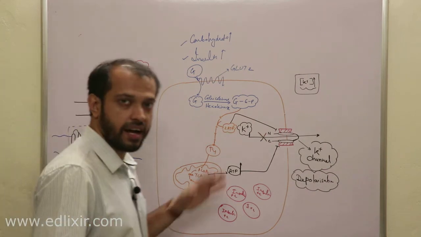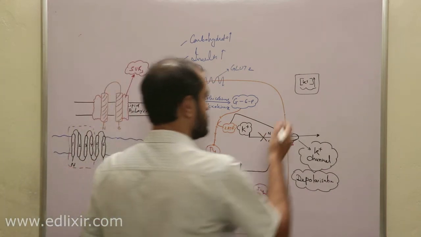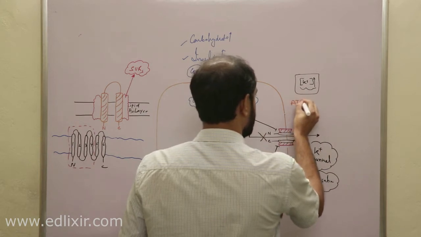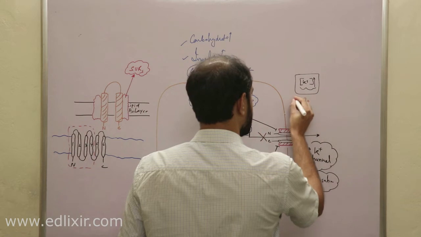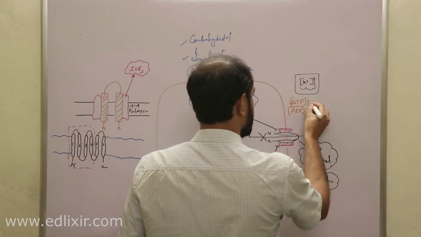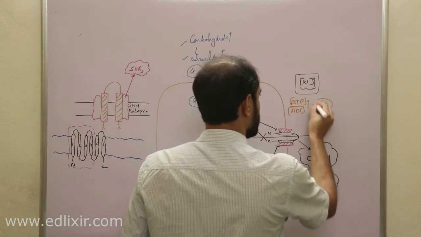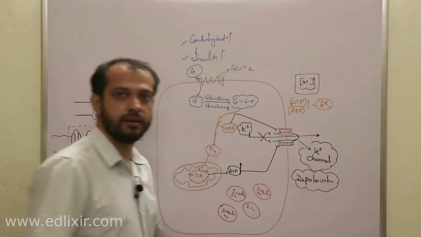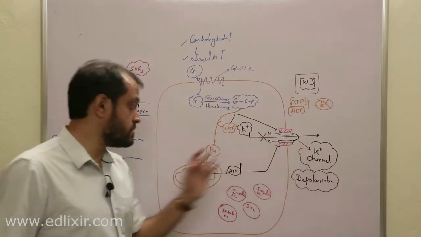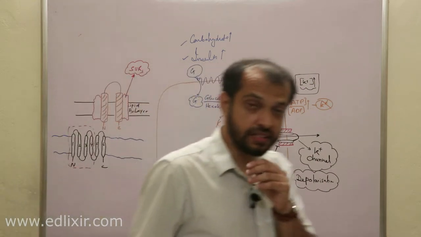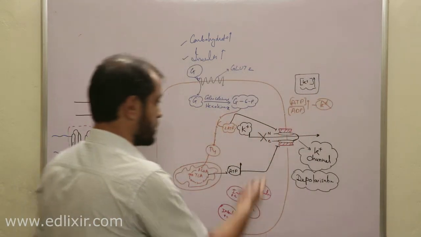Whenever ATP levels are high, ATP to ADP levels are high, that means ATP concentration is high, then the K plus channel will not work. That is the ATP dependent potassium channel. That means if ATP is increasing in the cell, then they will stop working.